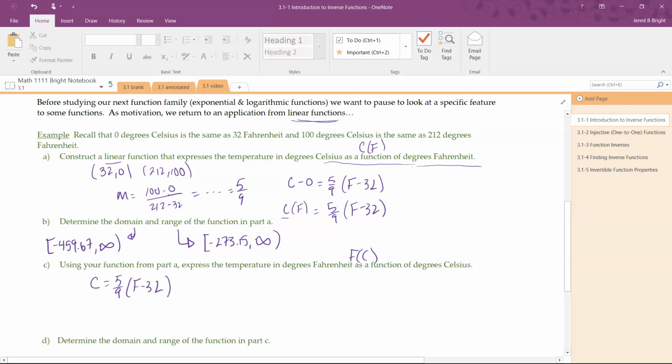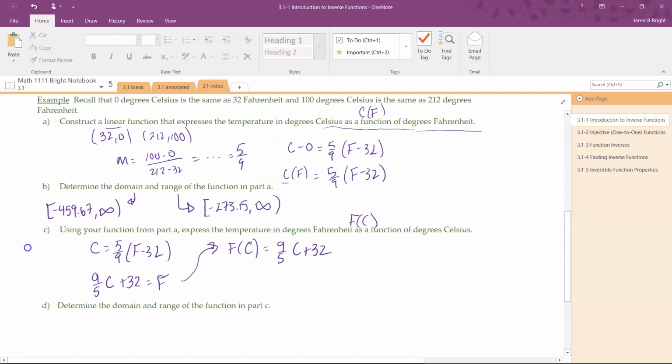Then resolve: multiply by the reciprocal, so I'd have 9/5 of c, and then add 32, and boom, we have Fahrenheit. Formally, Fahrenheit is a function of Celsius degrees, and this is 9/5 c plus 32.